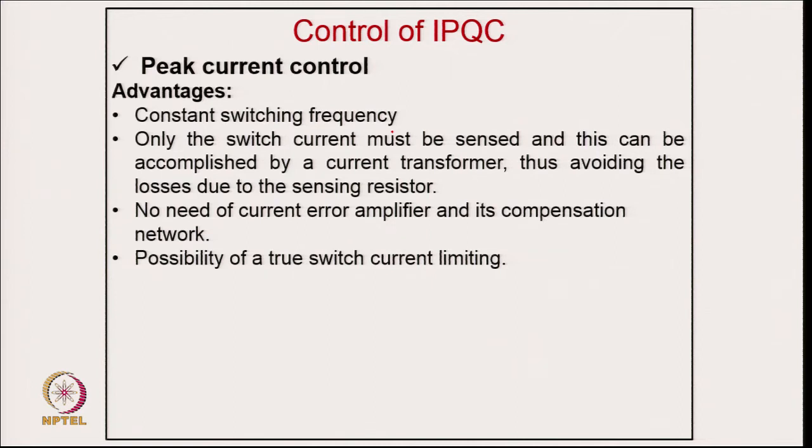Or it can be sensed sometimes by a terminal in the MOSFET, because when the MOSFET conducts it behaves as a resistance, so you can take the voltage drop of the MOSFET while it is conducting. That can also give you the current sense. So, you are able to reduce the cost, there is no need of a current amplifier and its compensation, and there is the possibility of true switch current limiting.